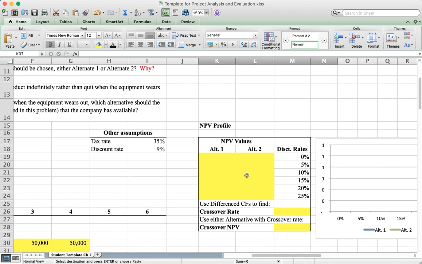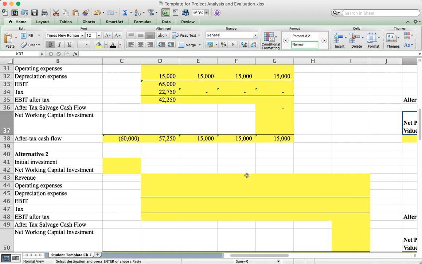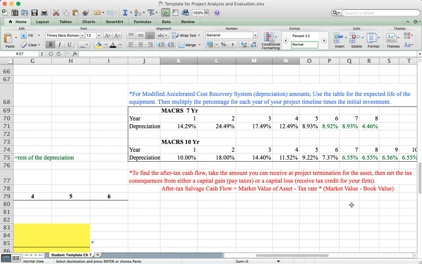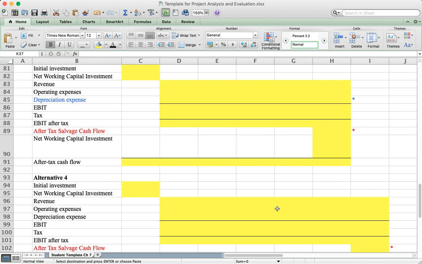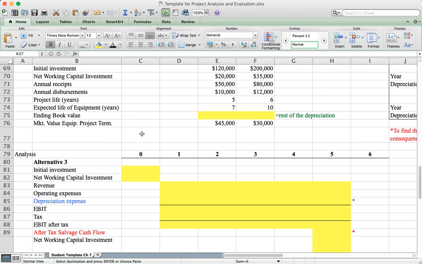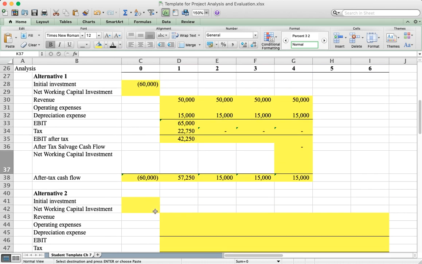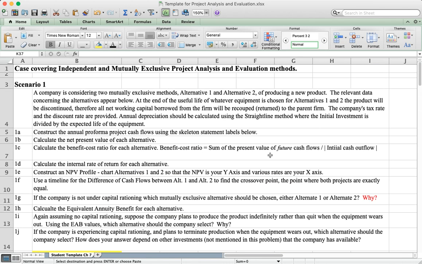And then I feel like I'm missing something. Oh, how to calculate the modified accelerated cost recovery depreciation amounts. And last, I will cover the after-tax salvage cash flows for those that have an ending book value and a market resale value. Okay. Thanks again.